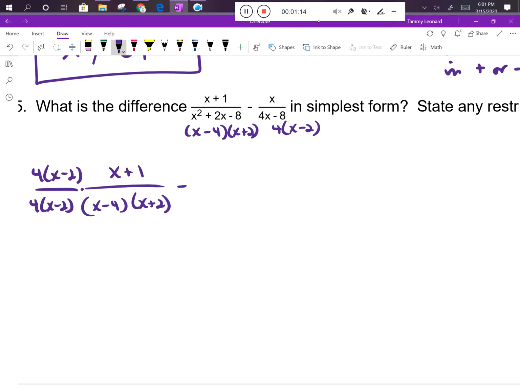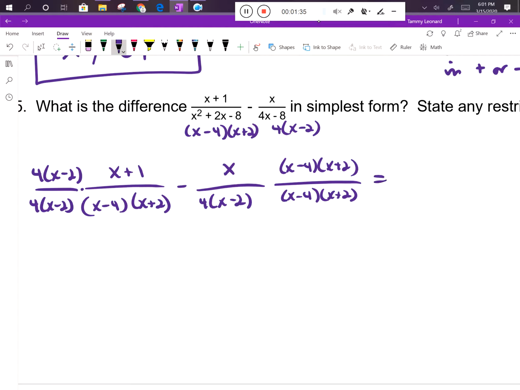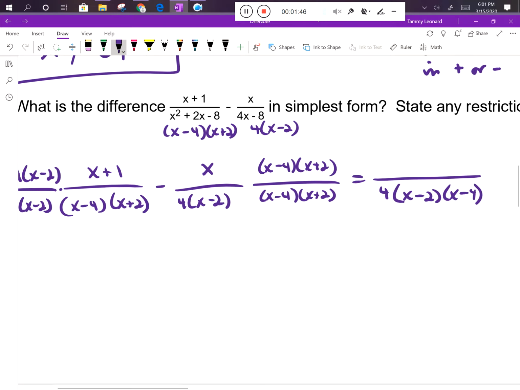The second fraction is going to need to be multiplied by both of the factors from the first fraction's denominator, in order to get the common denominator of 4 times x minus 2 times x minus 4 times x plus 2.